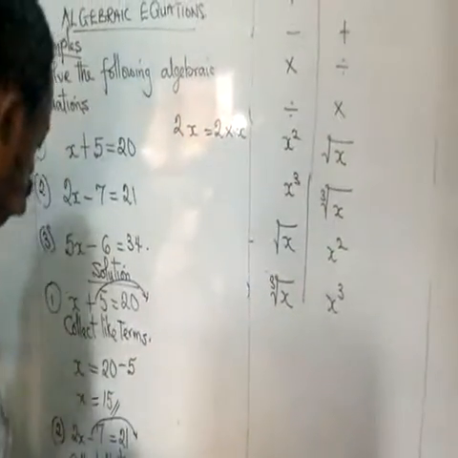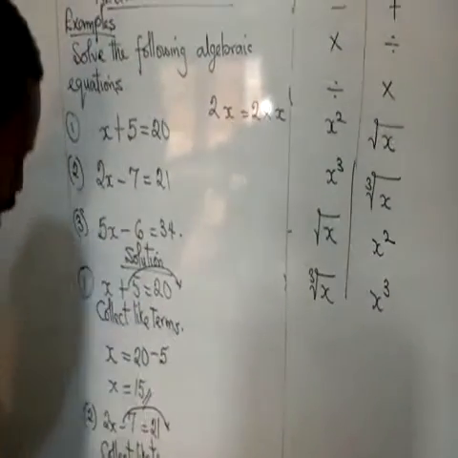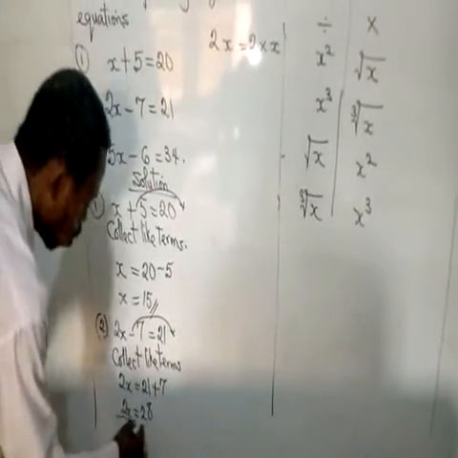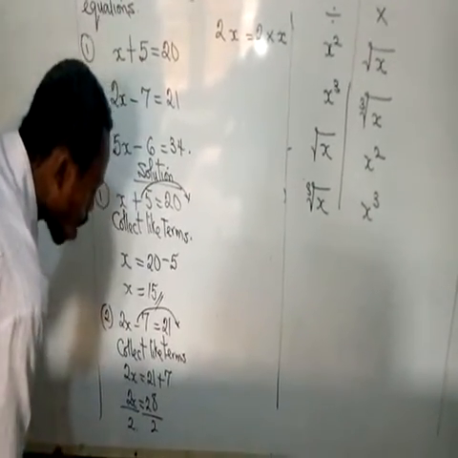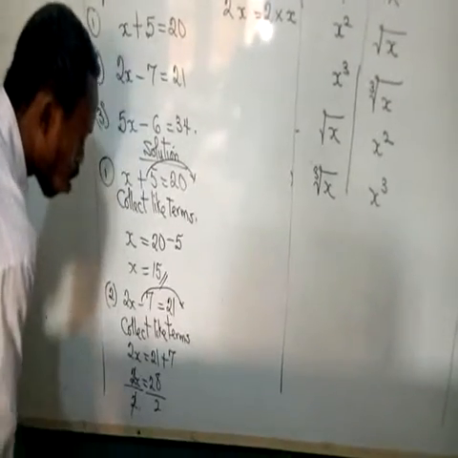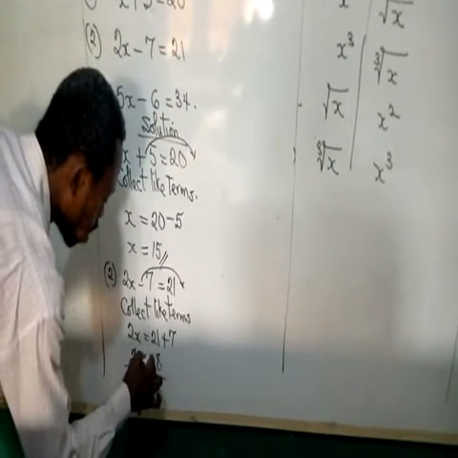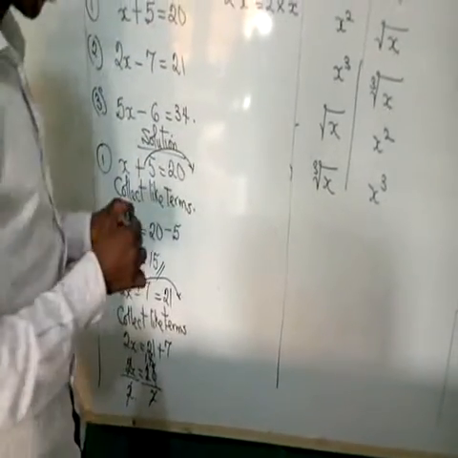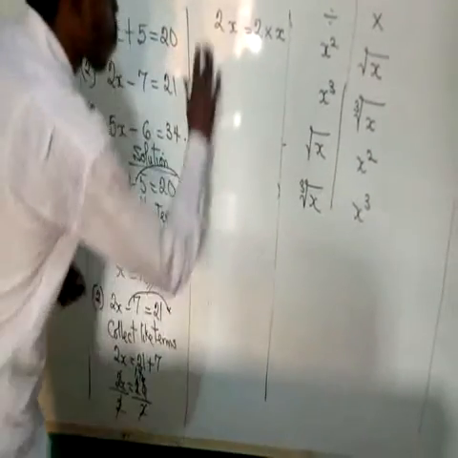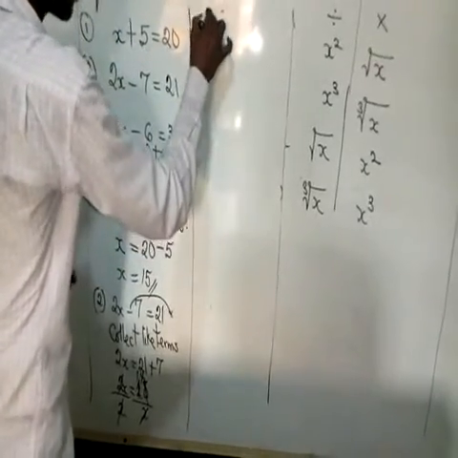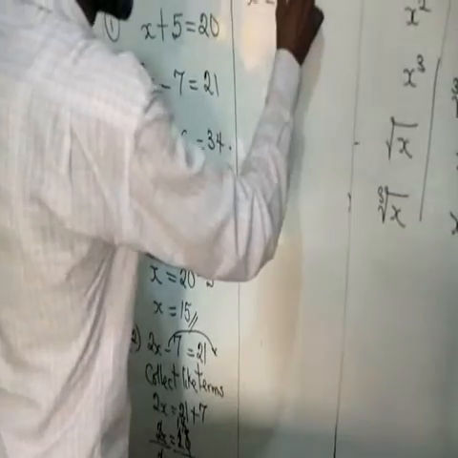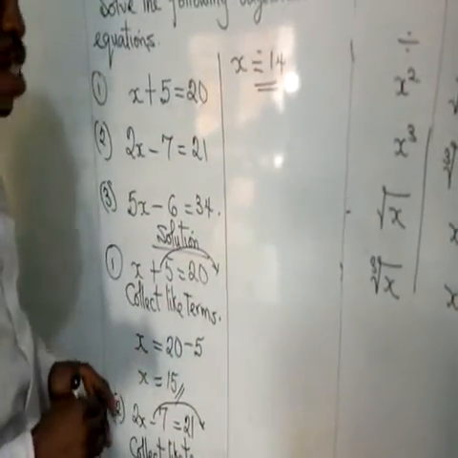Divide. So we divide both sides by 2. Dividing both sides by 2, 2 will cancel 2 here, 2 will cancel 28. 2 into 28 is 14. So my final answer, x, equals 14. I believe we understand.